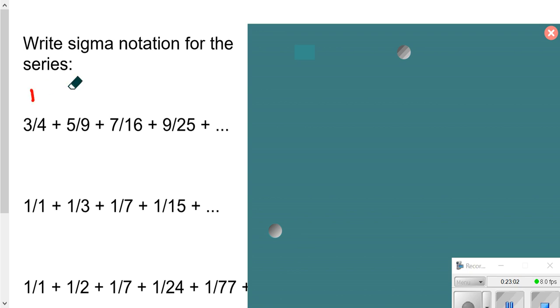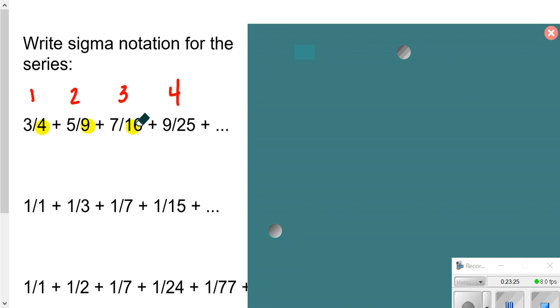I recommend that you number each of these, right? So I want a formula where I put in 1, I get 3 on the top and 4 on the bottom. I want a formula where if I put in 2, I get 5 on the top and 9 on the bottom, okay? I recommend not just looking for patterns side to side.